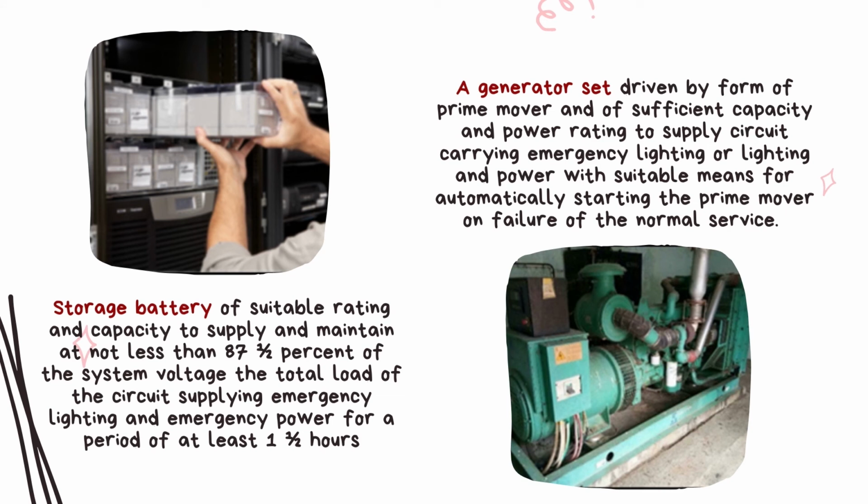Storage battery of suitable rating and capacity to supply and maintain at not less than 87.5% of the system voltage the total load of the circuits supplying emergency lighting and emergency power for a period of at least 1.5 hours. For generator set, a generator set driven by a form of prime mover and of sufficient capacity and power rating to supply circuits carrying emergency lighting or lighting and power, with suitable means for automatically starting the prime mover on failure of the normal service.